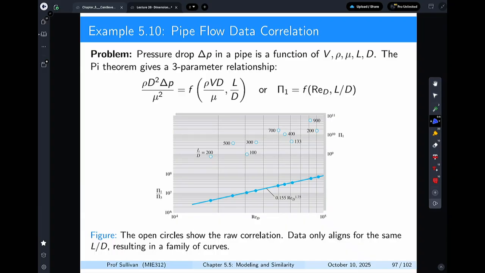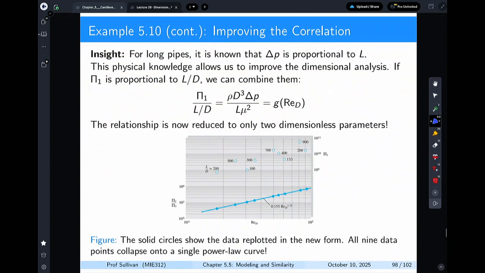And you can see that all of these correlations sort of go all over the place. So you have 200 down here, you have 100 down here, you have 700, you got 900 for different L over D ratios. So the L over D is not very helpful. I'll talk more about the other one in a second.